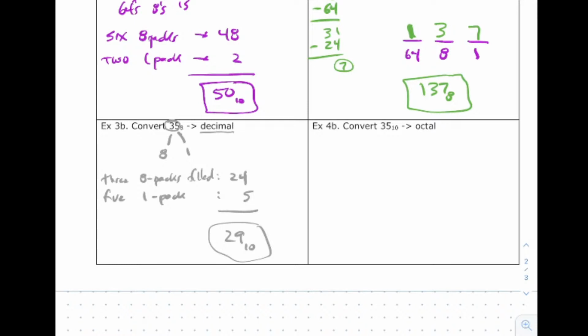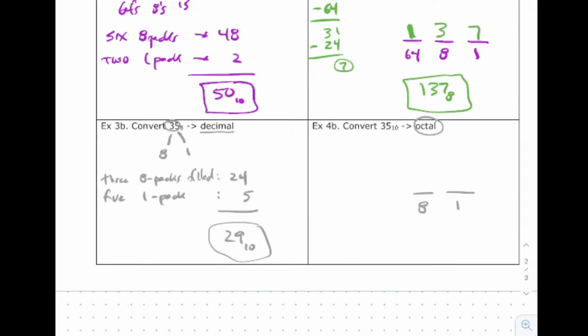Let's try this one. Now this is base 10. This really is a 35. As we normally think of numbers, that's a 35. But we're trying to write it as an octal number, which means we're trying to write it as a base 8 number. Now notice, we don't have to use that many places, right? It's only 35. I'm not going to be able to fill up a 64. So since I can't fill up a 64, I might as well just erase that and start from here.